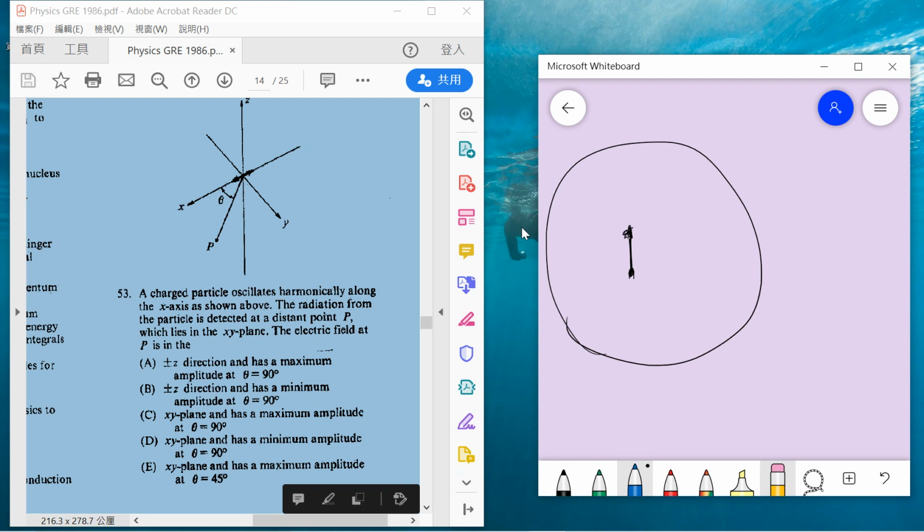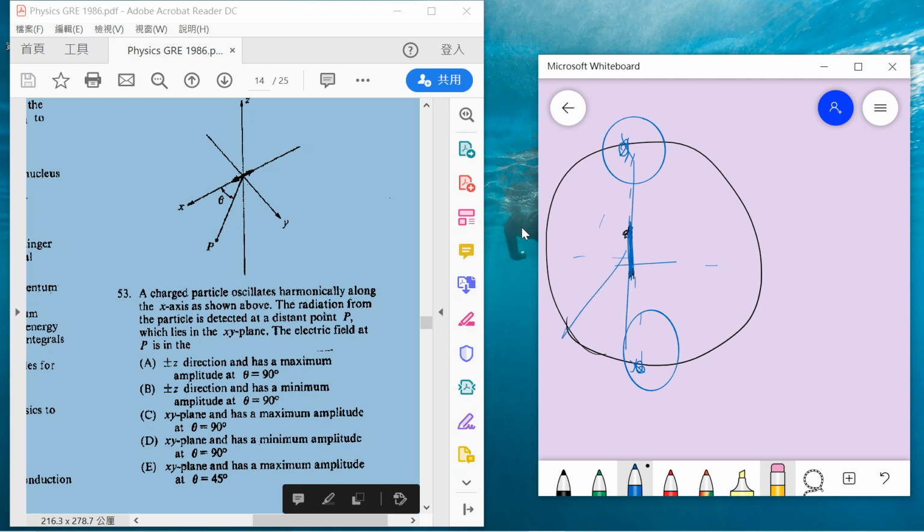Basically, this is the electric field, and because it oscillates, here and here should be the maximum of the electric field. Basically, this is common sense that you need to remember. Otherwise, you need to solve the antenna equation, and there's no way that you can solve the antenna equation here.